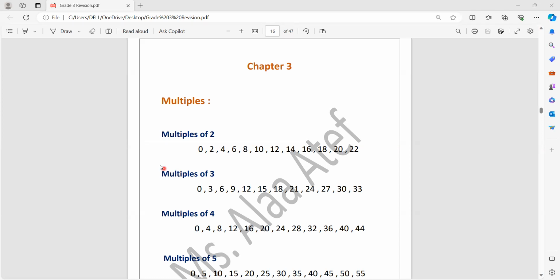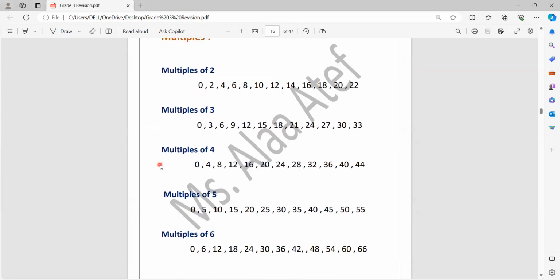What about multiples of 3? We have timetable 3. 3 times 0 equals 0. After that, we have 3, 6, 9, 12, 15, 18, 21, 24, 27, 30, and 3 times 11 equals 33.